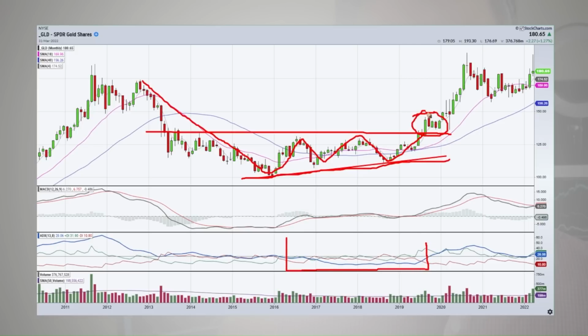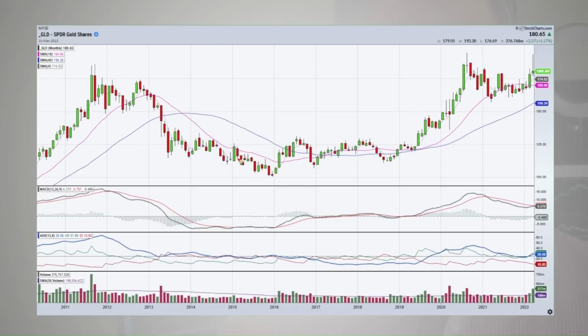As this started to break out near the end, we had this long period of low ADX. All right. So that is the precursor. And when this is on a monthly chart, you should assume years, okay, not months. This move is going to last for a long time. All right. So don't assume that you get one leg and it's over.